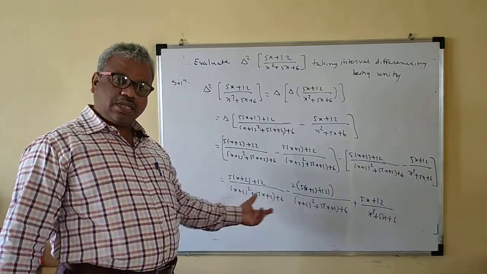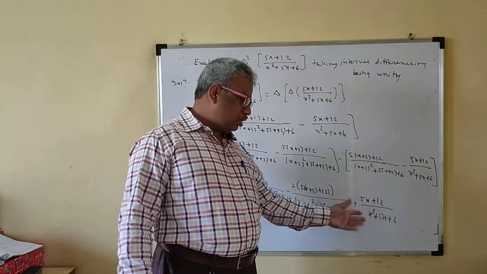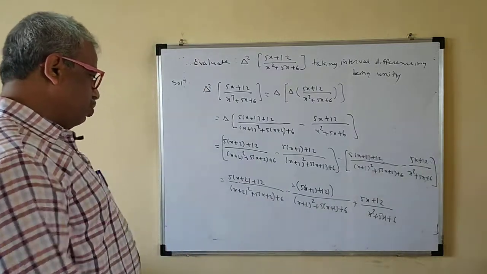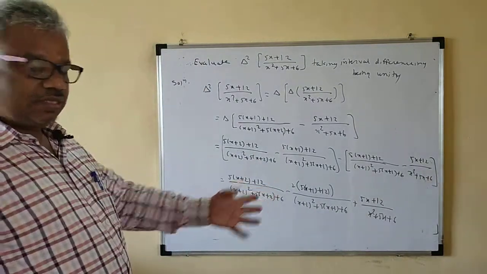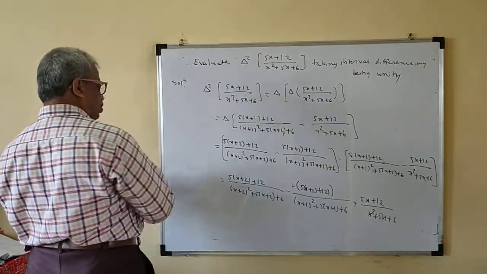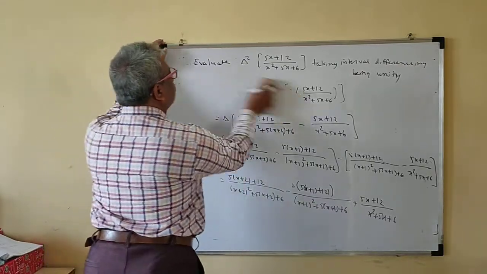Just expand it, collect x square, x, and the constant here also, and then take the LCM. Otherwise keep it as it is, because the simplification is very complicated now. According to me, this is enough now.